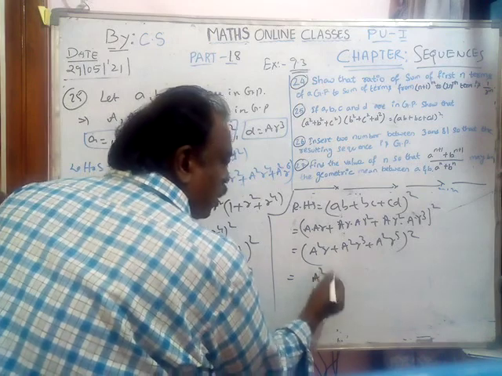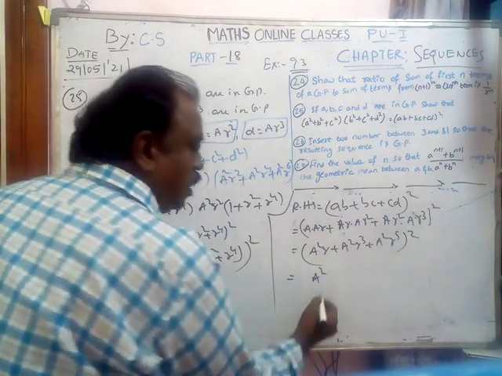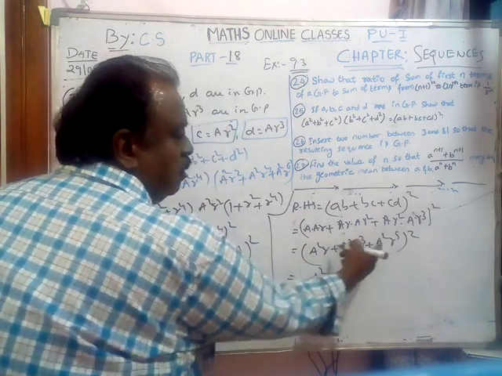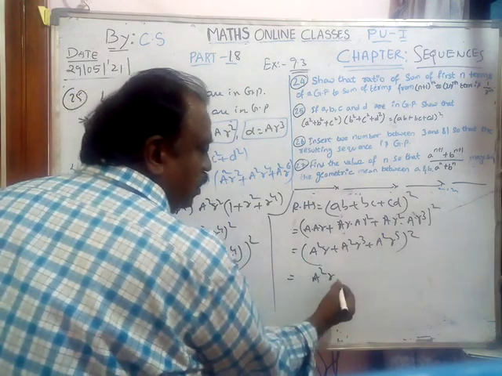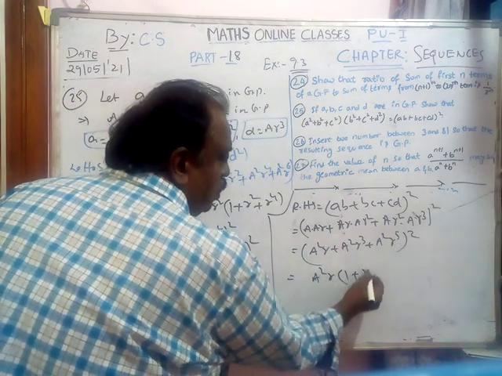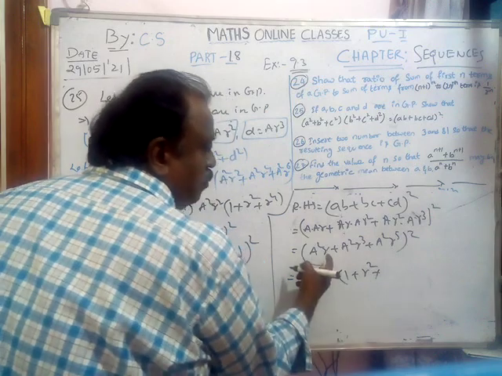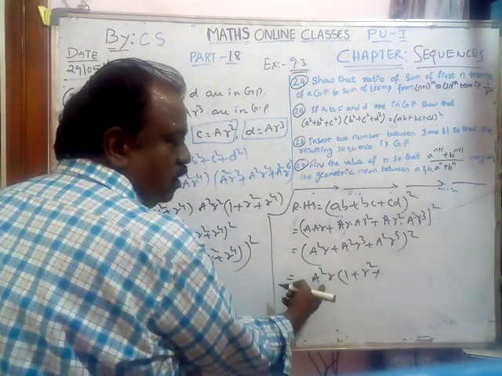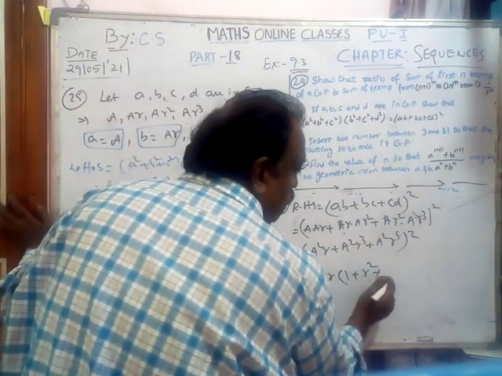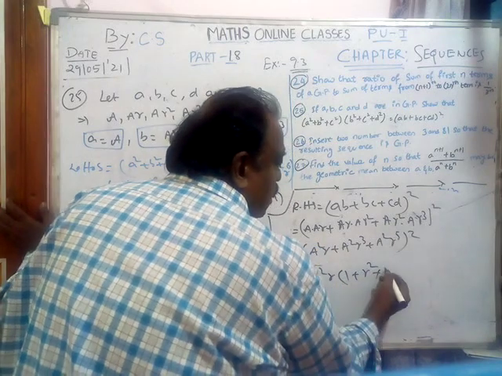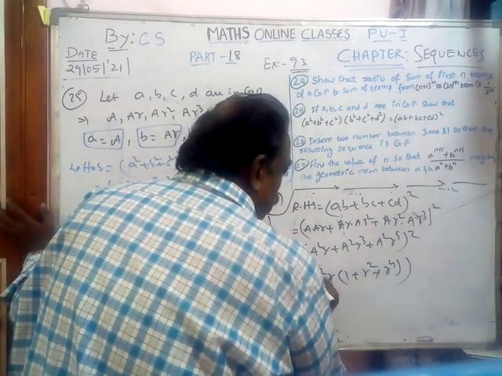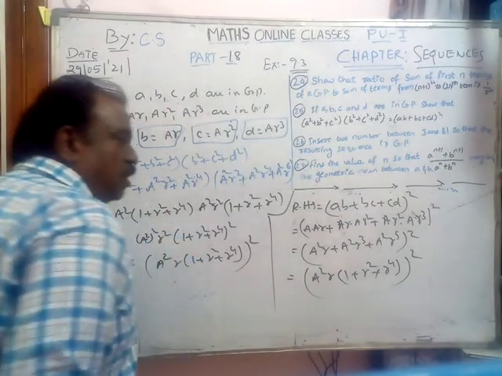Here A square is taken as common. R also taken common. A square is everywhere. R also is there. So here one more R square is there, because from R cube, if R is taken as common, R square is there. From R power 5, R is common, R power 4 is there. Total square is there. Will you agree?